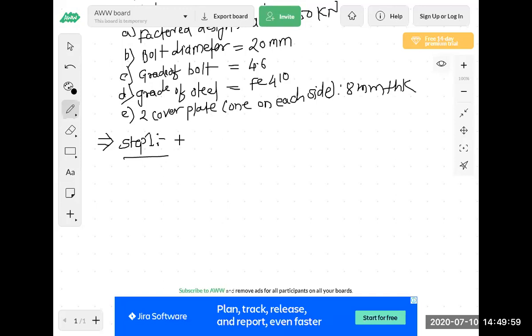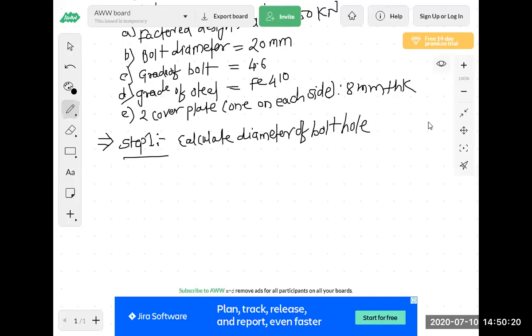So step 1 is to calculate diameter of bolt hole.